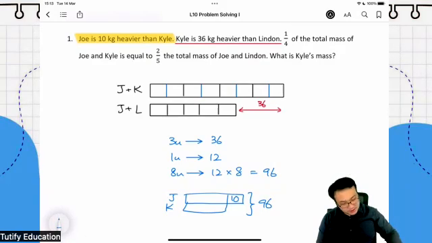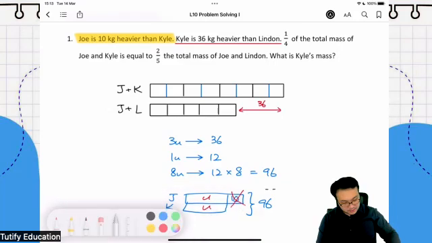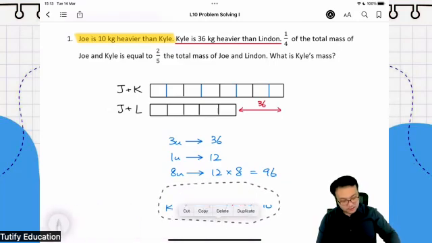So students, looking at this model, you just take 96, minus away 10, then you just divide by 2, you can find 1 unit. Okay? That means you can find Carl.